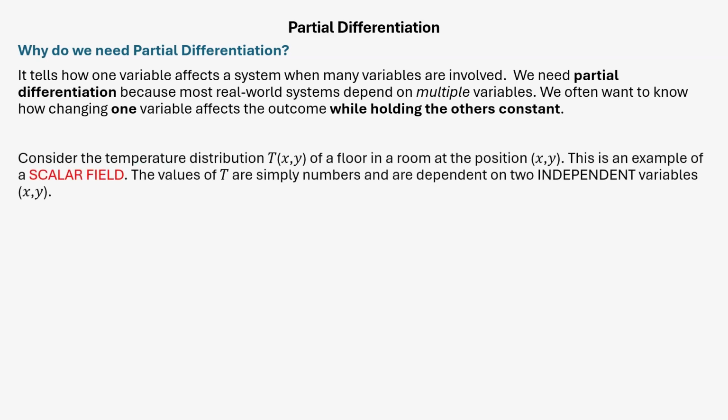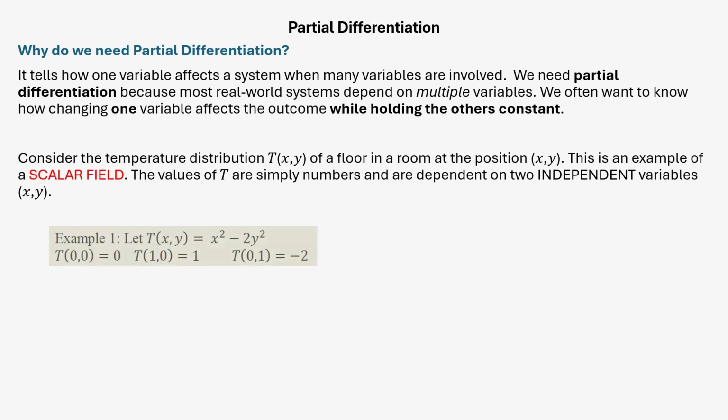If we take an example of a temperature distribution on a flat floor, as the flat floor is 2D, there is an x plane and there is another plane which is y, and it's a scalar quantity, so there will be only a number, there will be no direction for temperature, and it will be dependent on two independent variables.